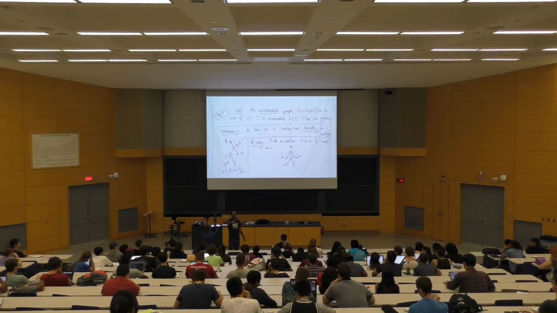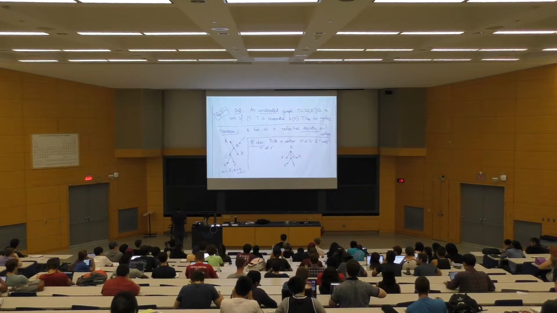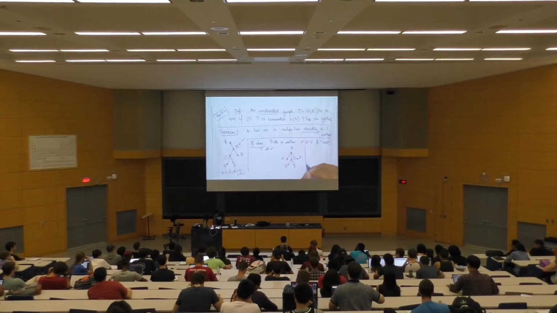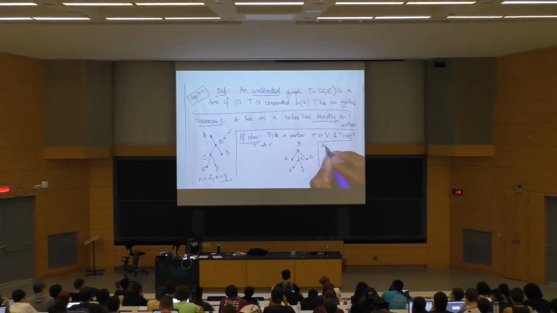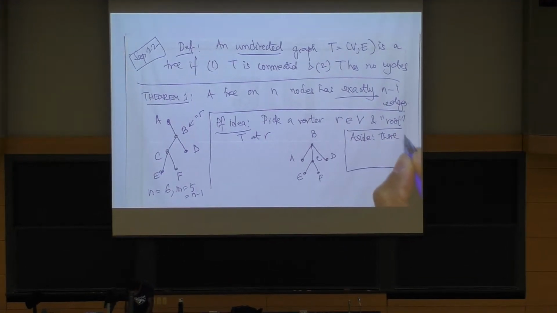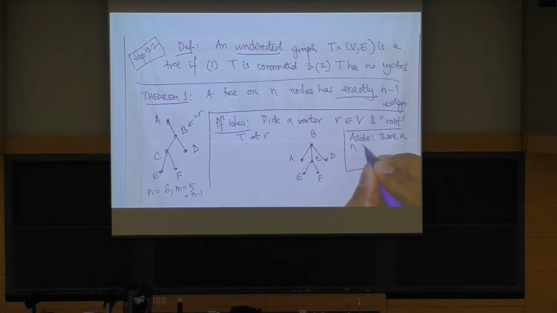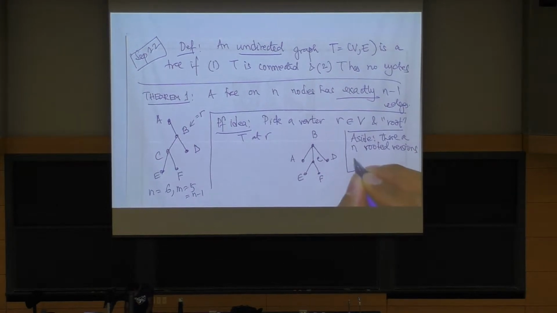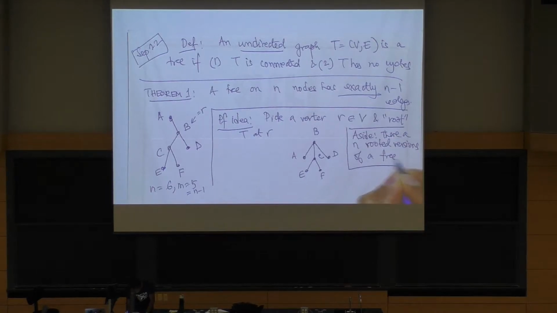And there are n nodes that you can pick as roots, so there are n possible rooted trees. Okay. So let's write that as an aside. There are n rooted versions of a tree.